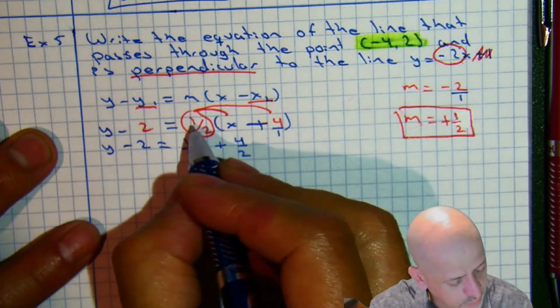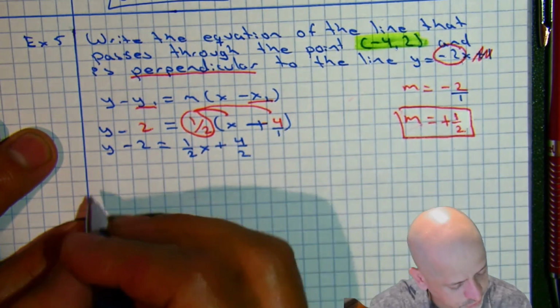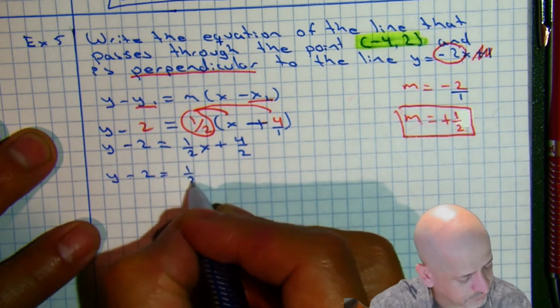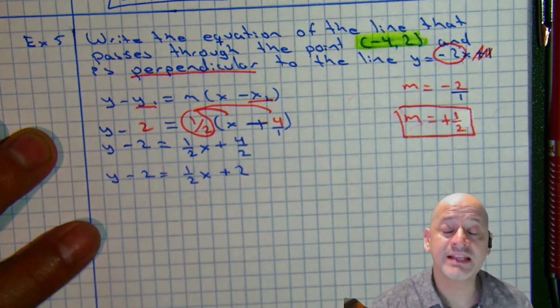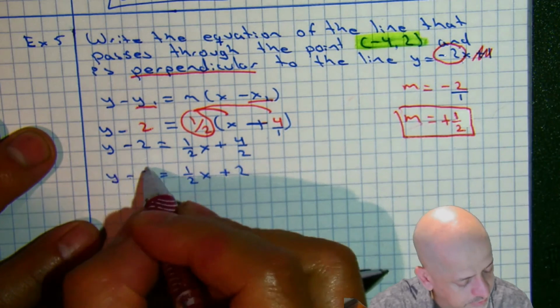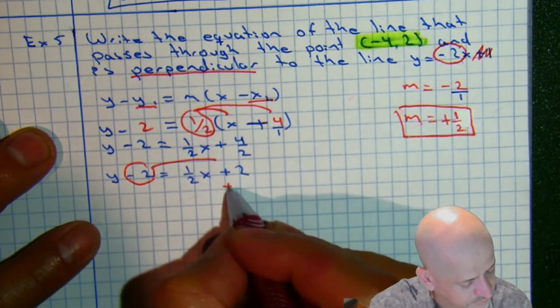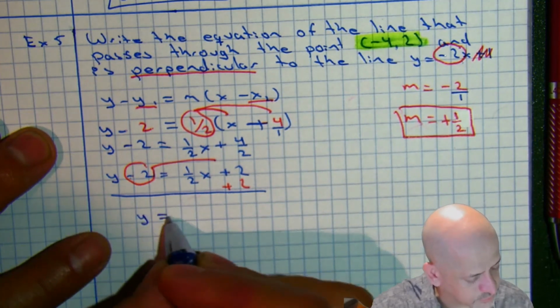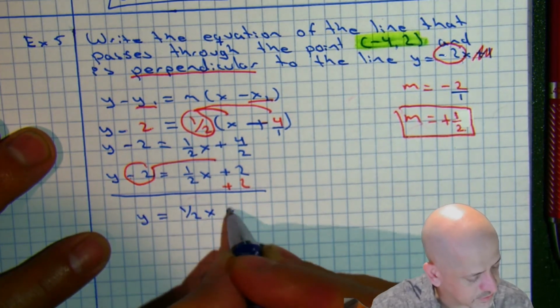Or you can just say 1/2 of 4 is just 2. So therefore we have y minus 2 equals 1/2 x plus 2. And one last step is to move my -2 to the right. We can say positive 2. So therefore the equation that we're looking for is y equals 1/2 x plus 4.